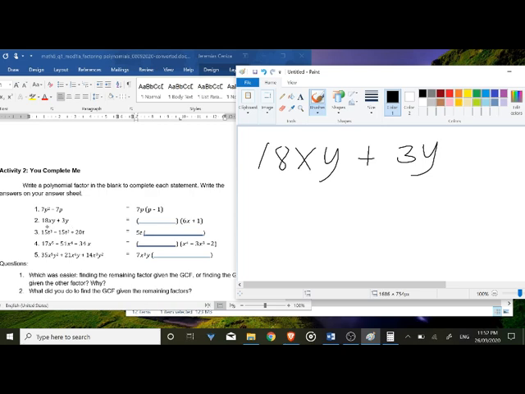So, doon tayo sa proseso na paghahanap ng common factor on the two terms or sa bawat term ng ating polynomial. I-expand natin yung into factors. So, may clue na tayo dito na 3. So, mayroong factor 3 ba sa 18? 18. Yes. That's 3 times 6xy plus 3y.